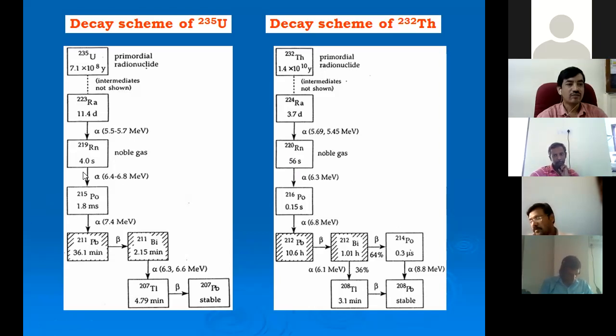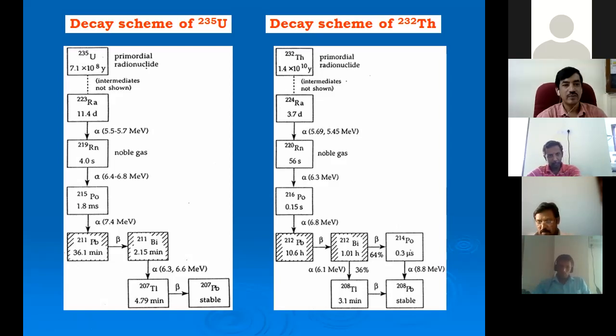The half-life of radon-219 is 4 seconds, and the half-life of radon-220 is 56 seconds. Because of the short half-life of radon-219, this can normally be ignored, because before entering into the atmosphere, this element undergoes radioactive decay and cannot come into the atmosphere.